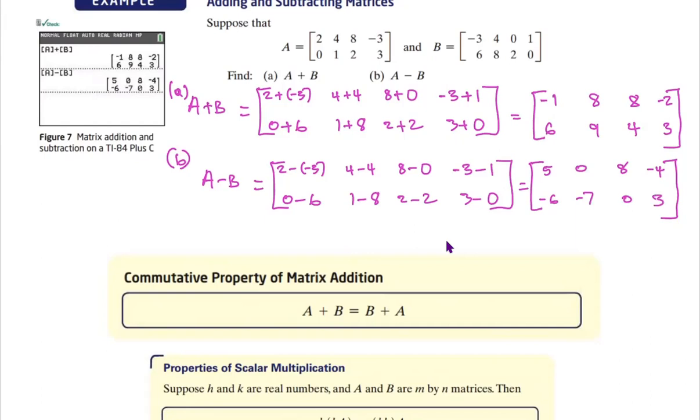So that is the answer for the operation subtraction and addition of these two matrices.